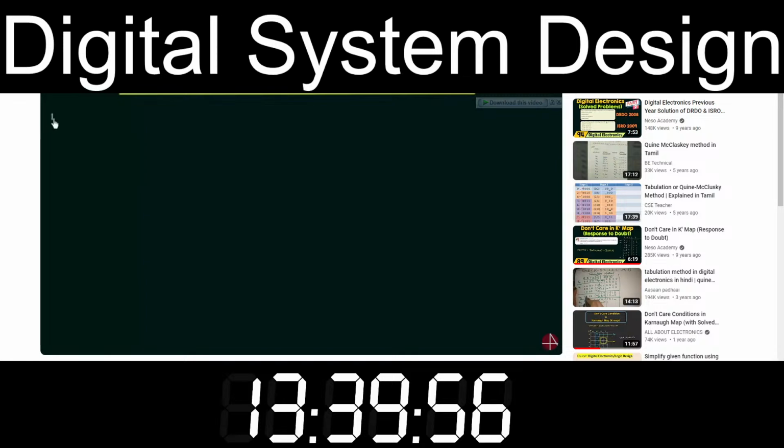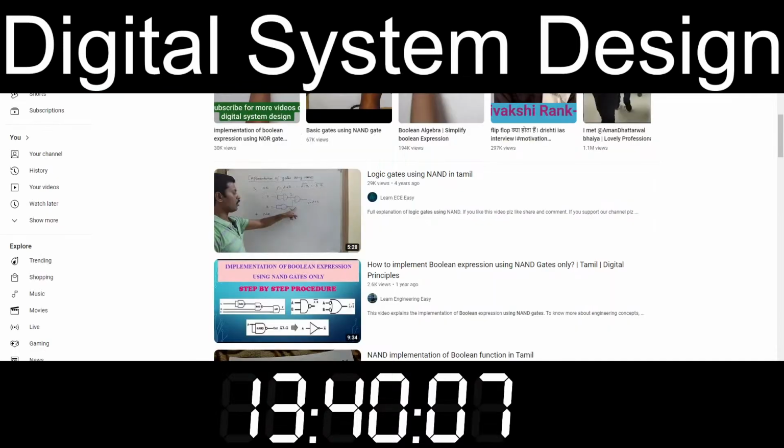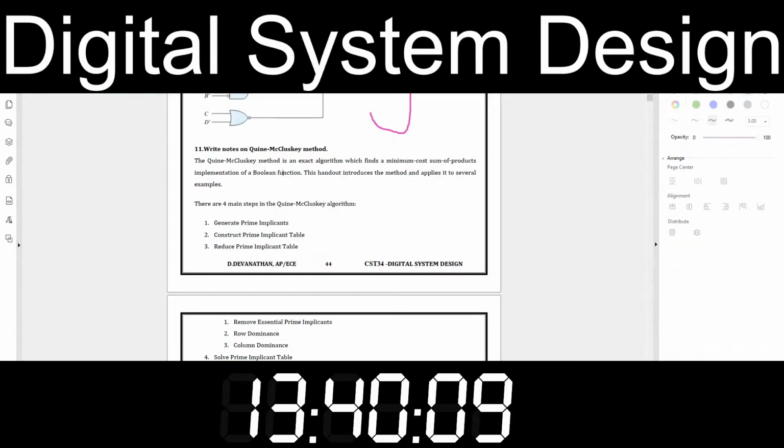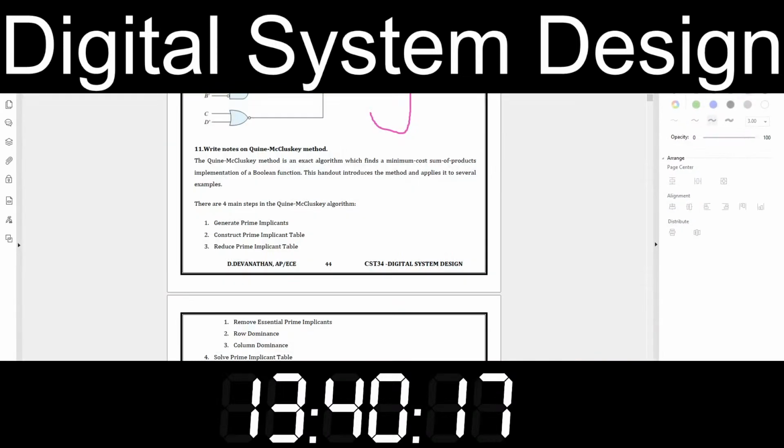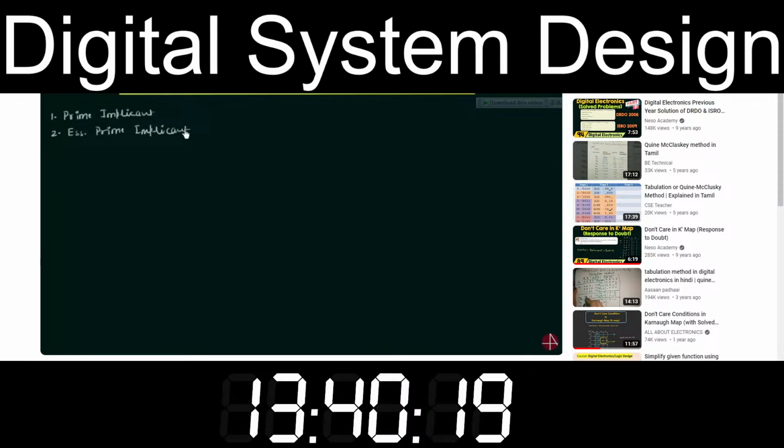So first term is prime implicant and second term is essential prime implicant. We have already studied about implicants in K-map lecture, so I'm going to cover this quickly.